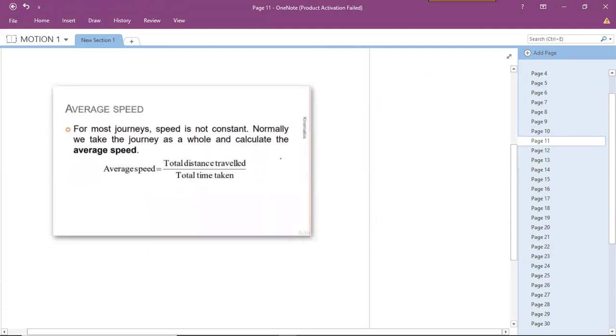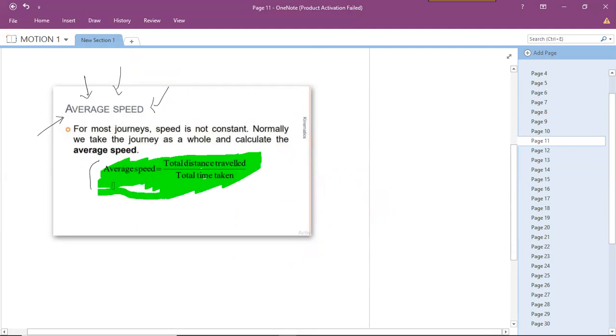Okay, so there will always be a question in your exam, every time, which will tell you, calculate the average speed. In paper 2, there will be a question that will say, calculate average speed. Please use this formula. Just by stating the formula, you're going to get marks. So every time you see the words average speed, average speed is total distance over total time.